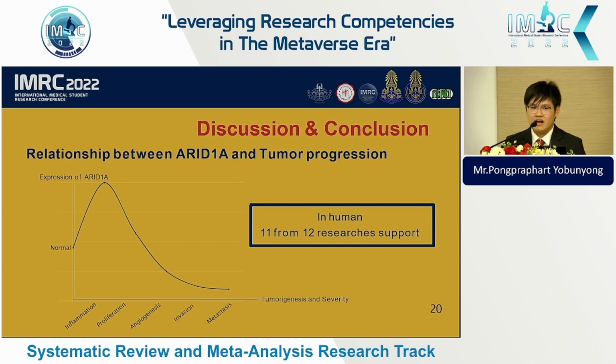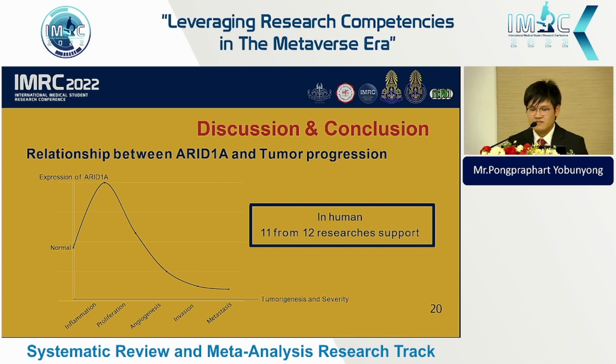This is our speculation of the relationship between ARID1A and tumor progression. At the highest peak, we found that in humans, HCC tissue contains more ARID1A than normal tissue. After that, as the tumor progresses, the level of ARID1A expression decreases.